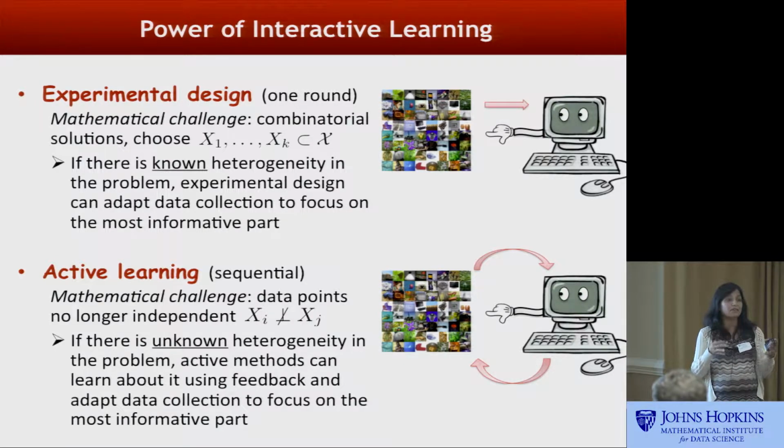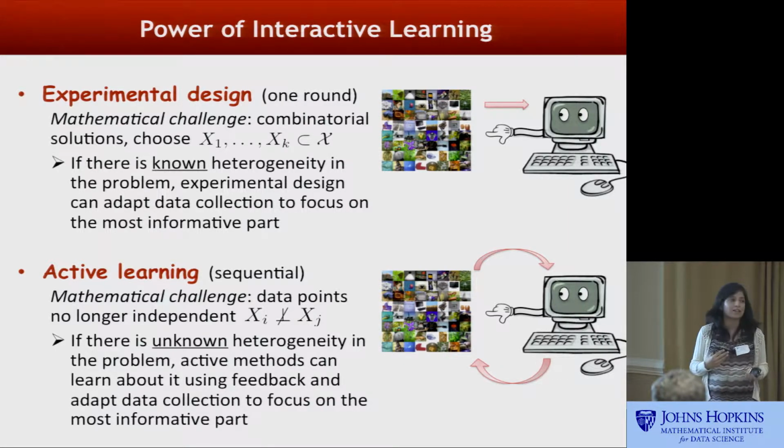Because in this case, you first need to take some data and learn about the heterogeneity, and then adapt the data collection based on that. Okay, so that's a high-level theme I'll try to come back and touch on: first of all, there has to be heterogeneity. If all your data points are homogeneous or equally important, then clearly interaction does not help.